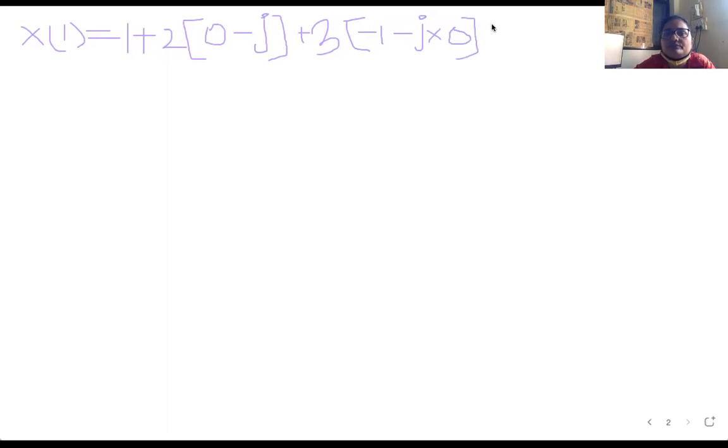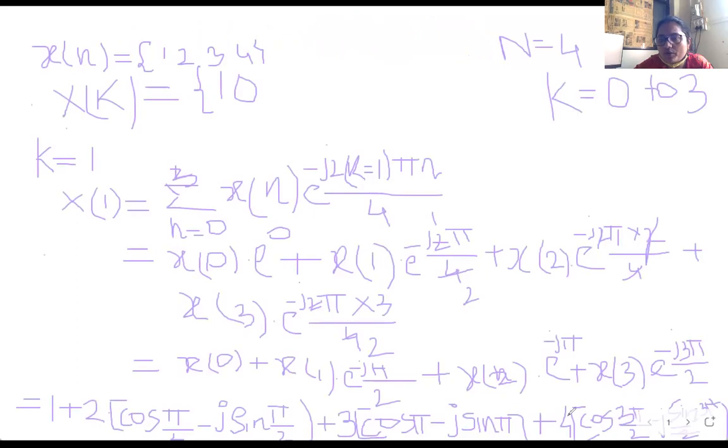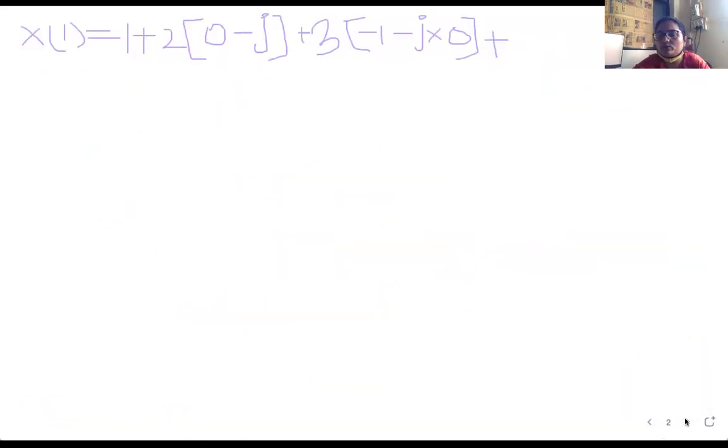Aishwarya, what is the next term? Next term is 4 into cos 3 pi by 2 minus j sin 3 pi by 2. So here we will write 4 into the bracket cos 3 pi by 2. Now tell me, what is the value of cos 3 pi by 2?